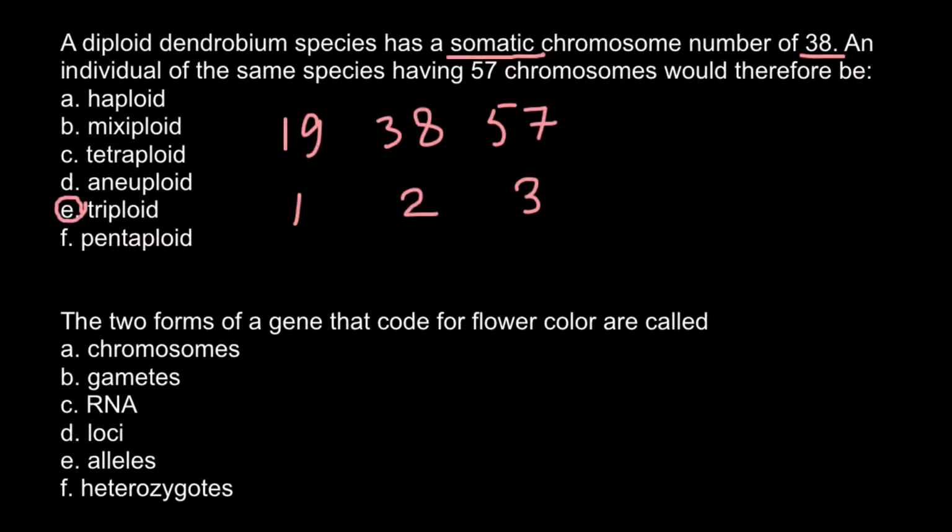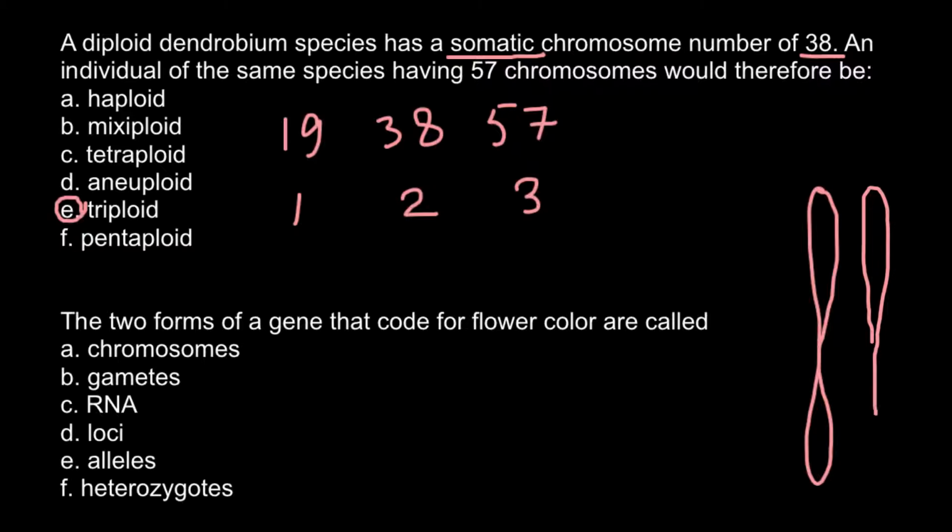So answer A, chromosomes. Chromosomes are molecules that have millions of base pairs, and every organism has many such molecules, and in diploid organisms such molecules usually go in pairs.